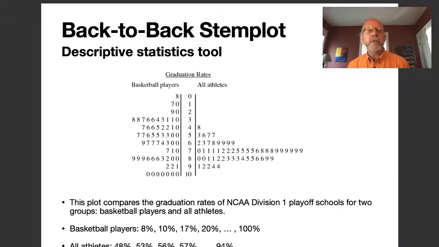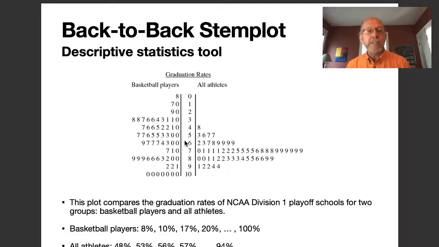So for instance, looking at graduation rates for basketball players, the data presented in this stem plot is kind of a little strange the first time you see it, but this first school had a graduation rate of 8%. So the way you read that is the digits in this middle column here are called the stems.